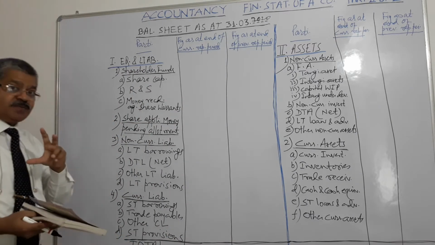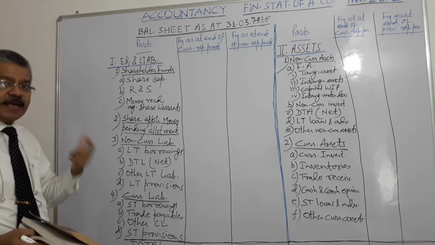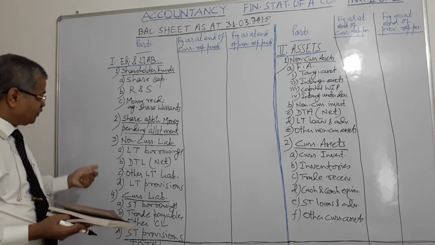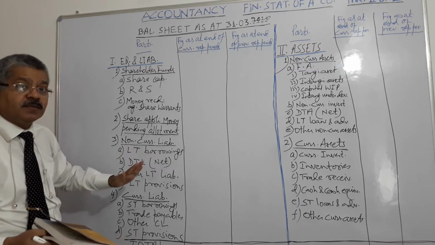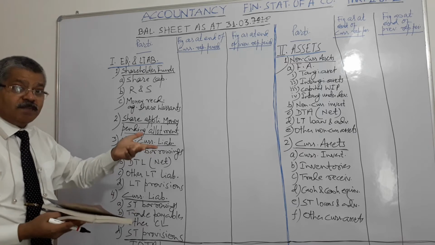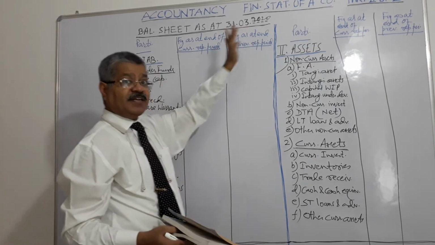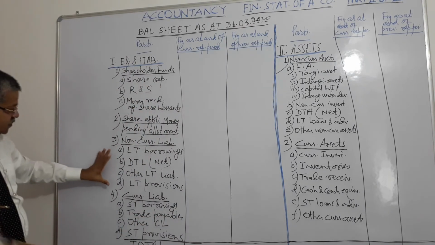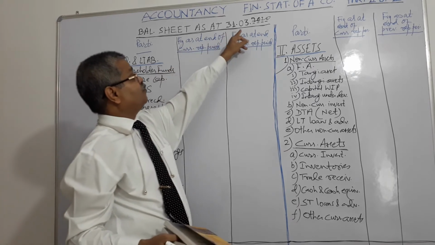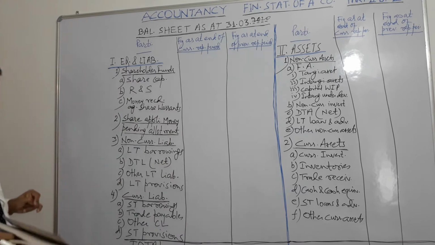Your concept must be clear. Non-current liability, those liabilities which don't need to be met by the company over the next 12 months, means they need to be met beyond 12 months. So if we are talking of balance sheet as on 31/3/2020, these are the liabilities which don't require to be met within 12 months from 31/3/2020.